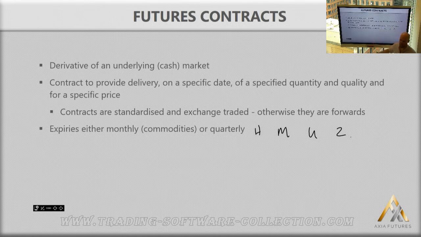So predominantly everything you trade now is going to be H contract for the March one. As I say, they all expire quarterly or monthly. The expiry dates vary with contracts, so you do have to find that out. Equity contracts expire on the third Friday of the quarter.